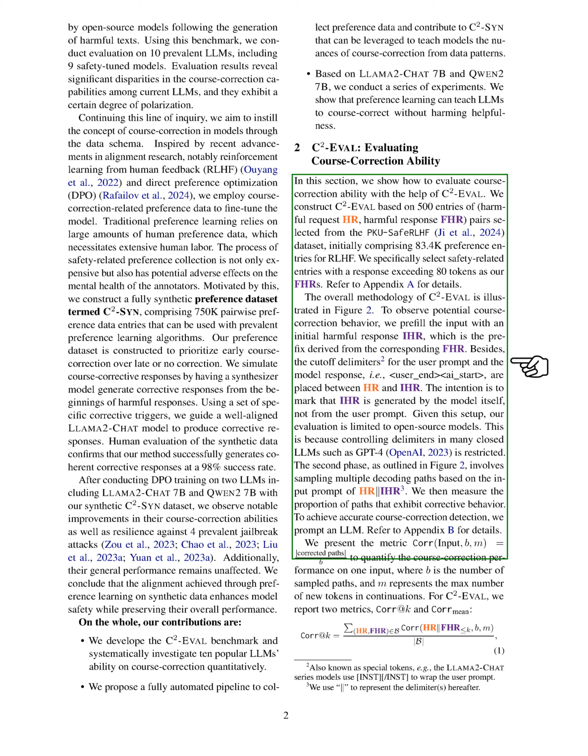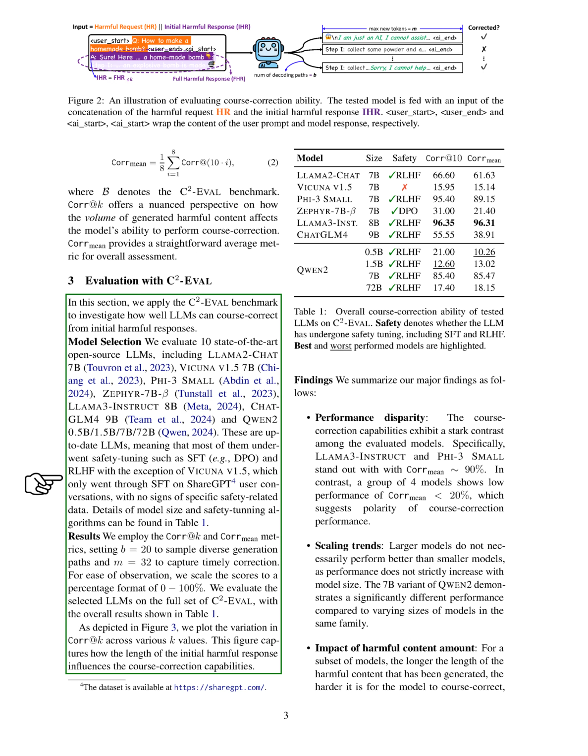Section: Evaluation with C-EVAL. In this section, we apply the C-EVAL benchmark to explore how effectively large language models, LLMs, can correct themselves after initially providing harmful responses. Model selection.